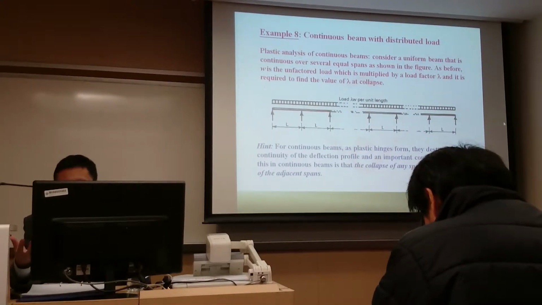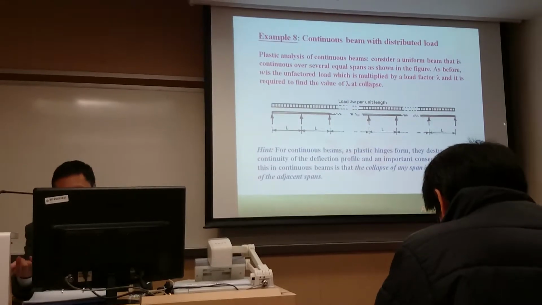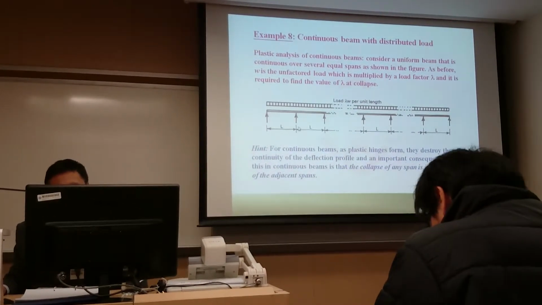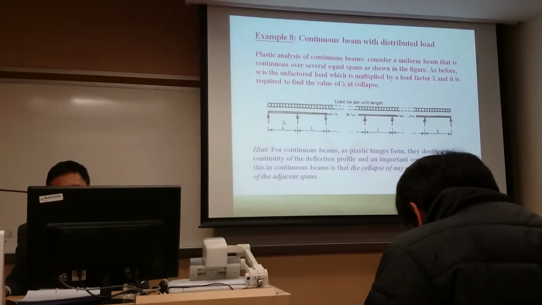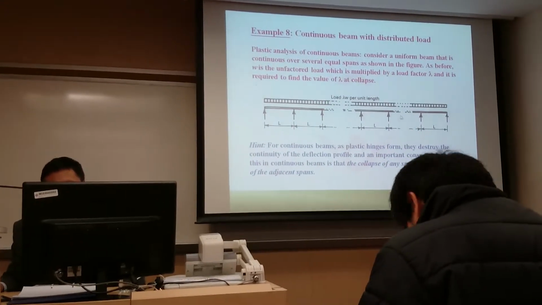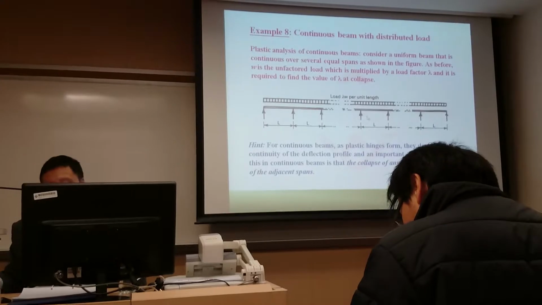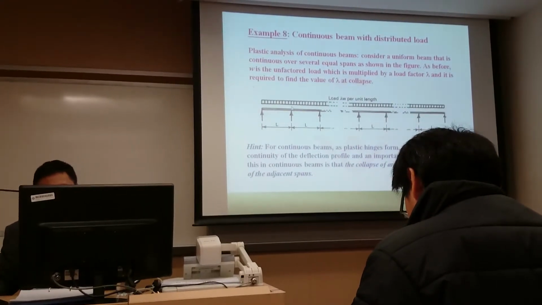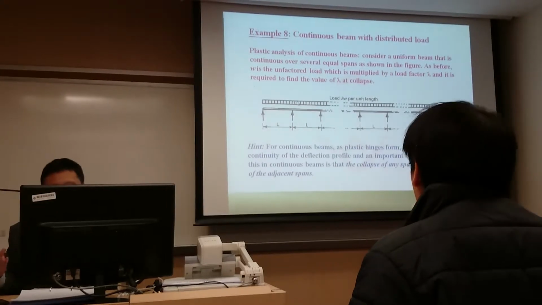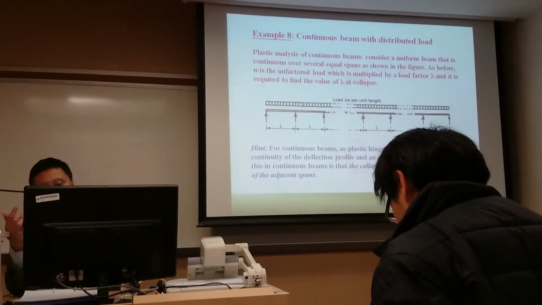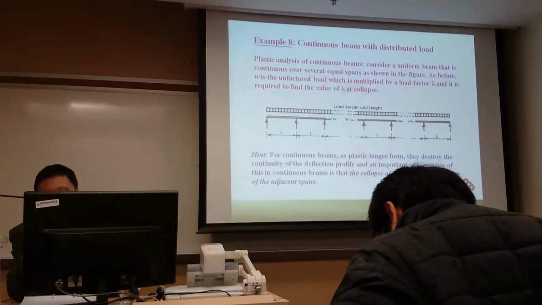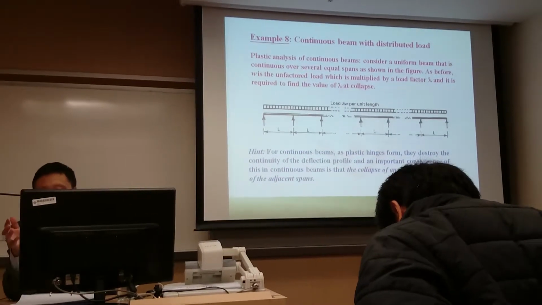Of course, we still just need to analyze the continuous beam span by span, like a single span. But when the force is distributed, we don't know the location of the internal plastic hinge, because we don't have a rule to determine it under distributed force.